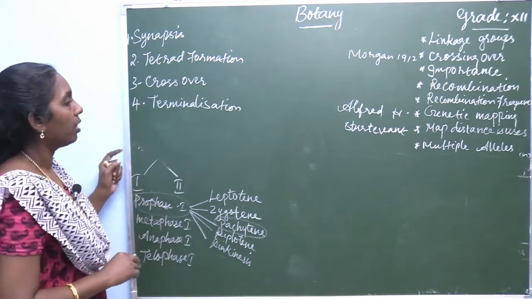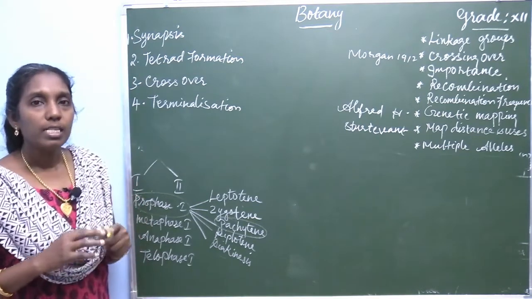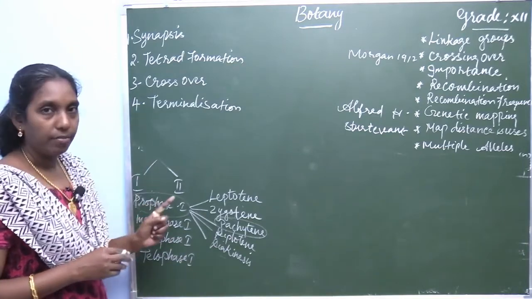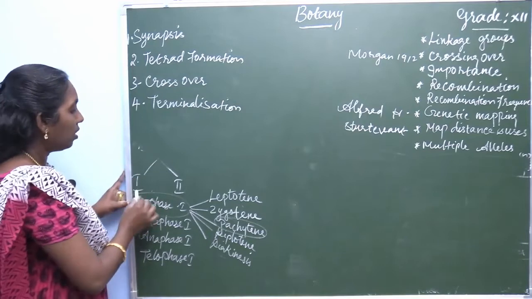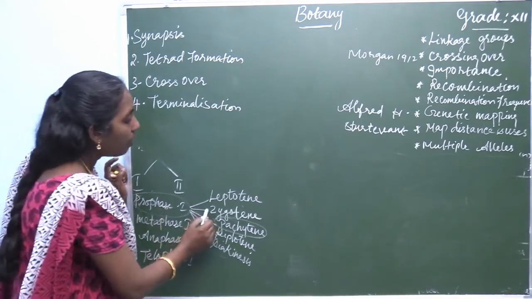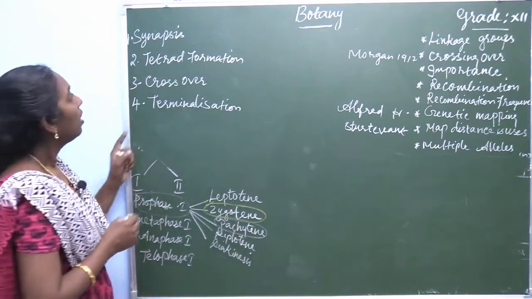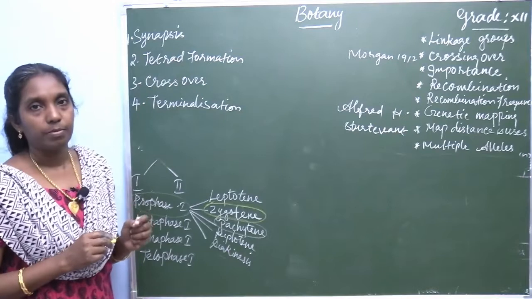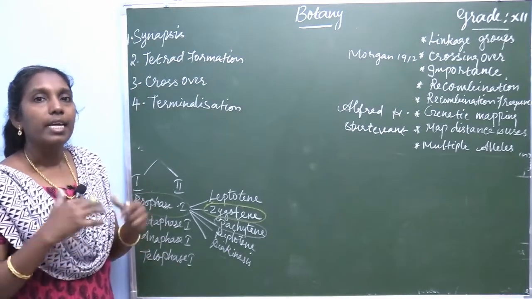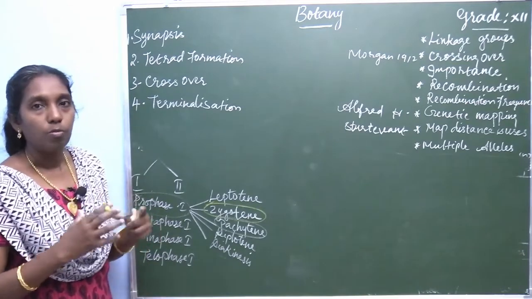Let's see them one by one. First, synapsis. What is meant by synapsis? At the time of meiotic cell division, in the zygotene stage of prophase, synapsis takes place. It is the intimate pairing of homologous chromosomes.